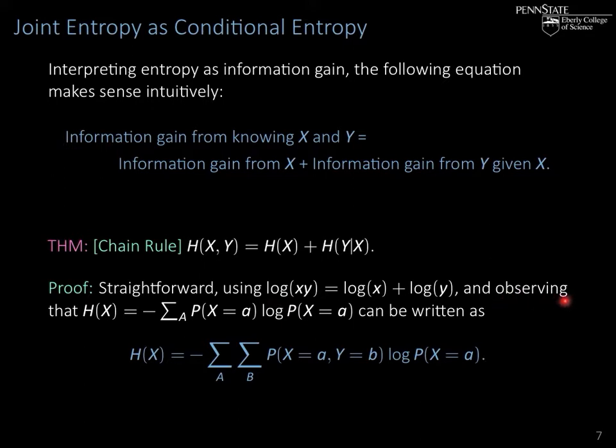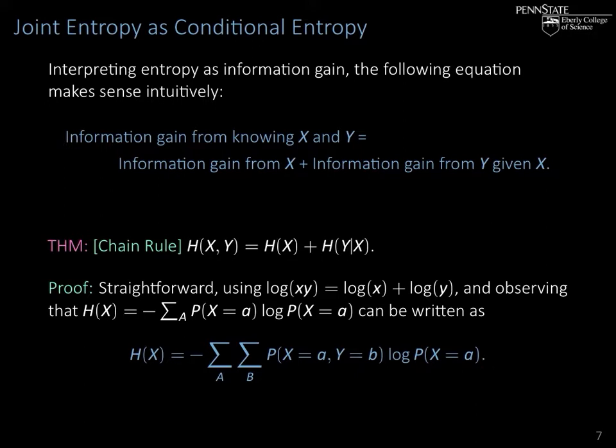And you also observe that we can write the entropy of x artificially as a double sum over all a, b, just plugging in all possible values for b here, but noting that this does not affect the value of this function.